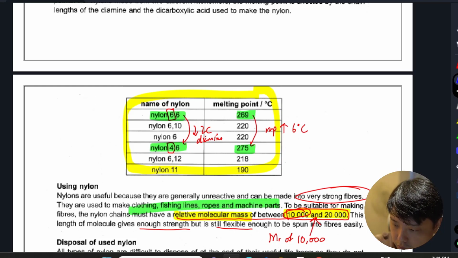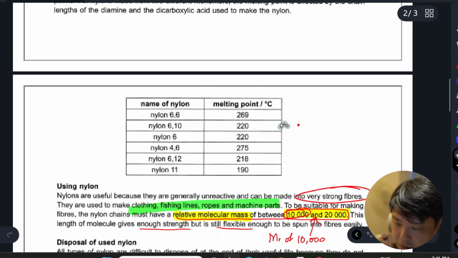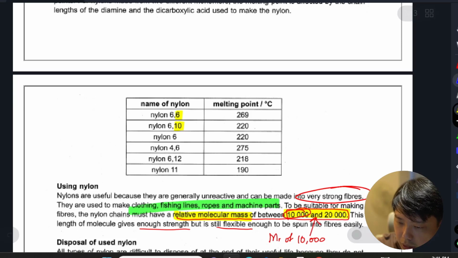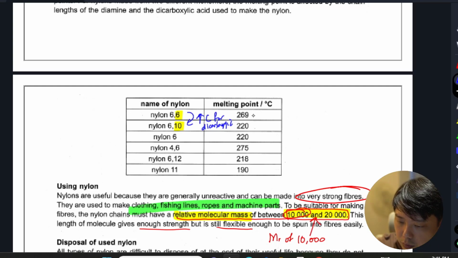Okay, likewise, you do the same for changes in the dicarboxylic acid. Okay, so if you erase off all this, let's take a look. If we change the dicarboxylic number 6 to 10, right? What happens? Okay, when you increase the number of carbon for the dicarboxylic side, what happens?